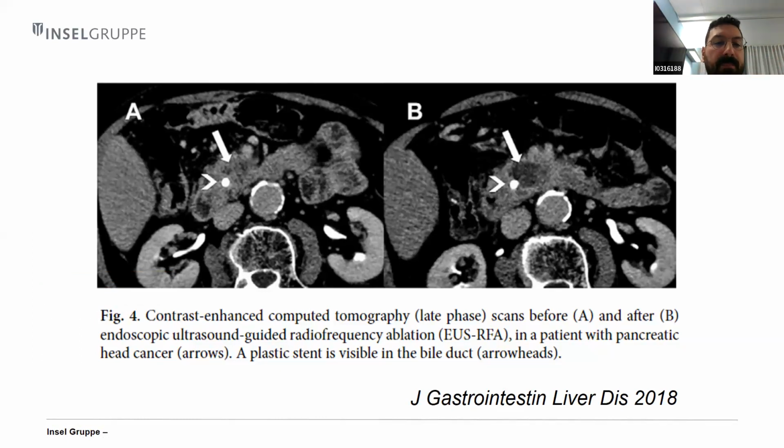Here you see on these computed tomography images a scan of a lesion in the pancreas. It's pancreatic head cancer before and after radiofrequency ablation. The small white dot you see is a plastic stent visible in the bile duct.